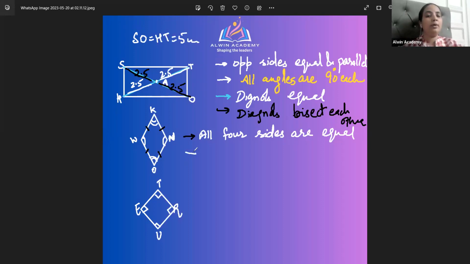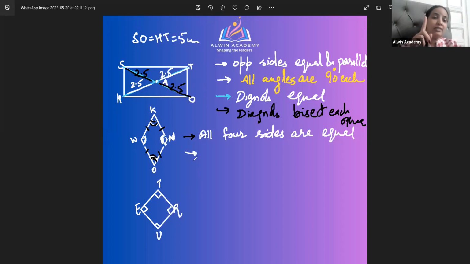Now let's conclude about the angles. Just like any other parallelogram, the opposite angles are equal. Therefore, this one is looking like an acute angle to me, and this one's also looking like an acute angle. Both the opposite angles are equal. And the other ones are looking like obtuse. This one's obtuse, this one's also obtuse. Right, beta ji? So opposite angles are equal.